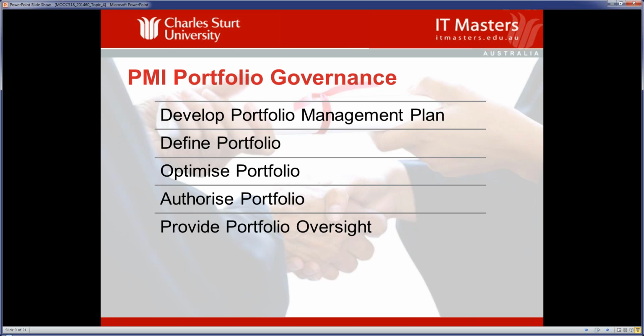Then we look at optimizing it. When we look at optimizing the portfolio, again, we're looking at it from the perspective of the organizational objectives, the strategy, what we're trying to do at the end game for the organization, what component projects should exist in this, and how should they exist? Should we build a factory here? Should we build this? Should we do that?